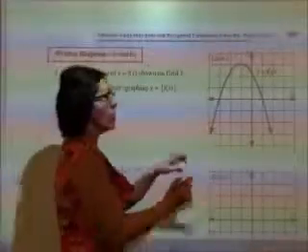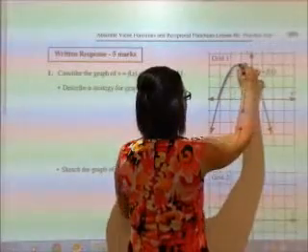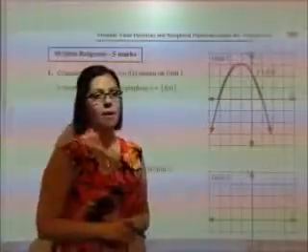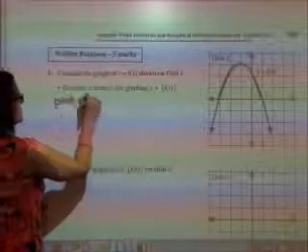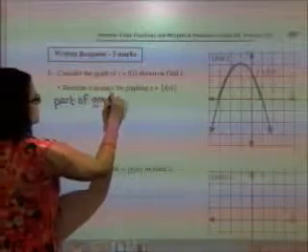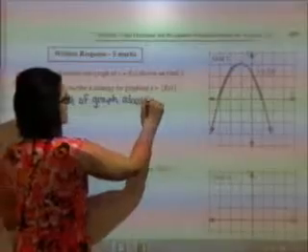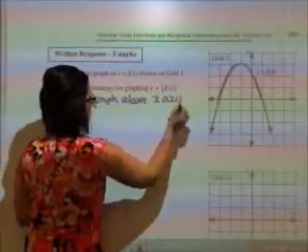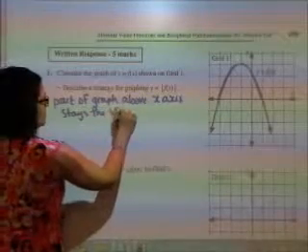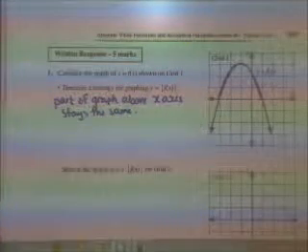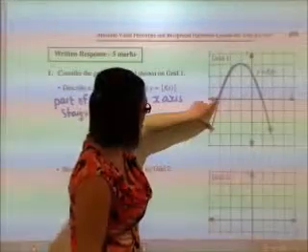It would be that w. This part of the graph would stay the same. So you could say the part of the graph above the x-axis stays the same. And what do I do with the parts that are below the x-axis? So what do I do with this section of the graph here?